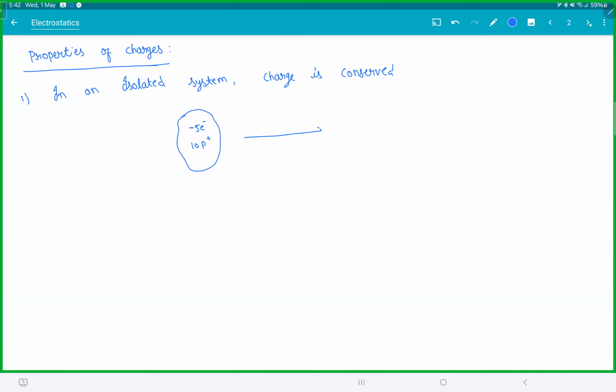After some time, electrons will combine with protons and they become neutrons. Let's say 3 or 4 electrons combine. Let's say we got 3 neutrons. Now we have 2 electrons and we have 7 protons.